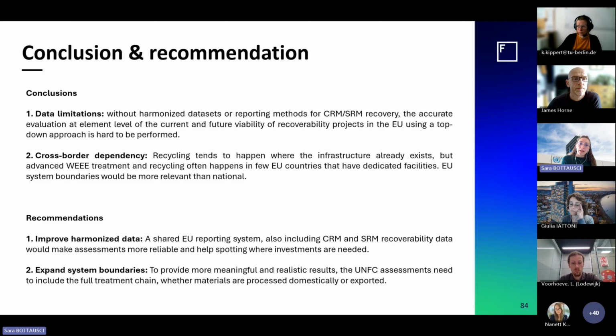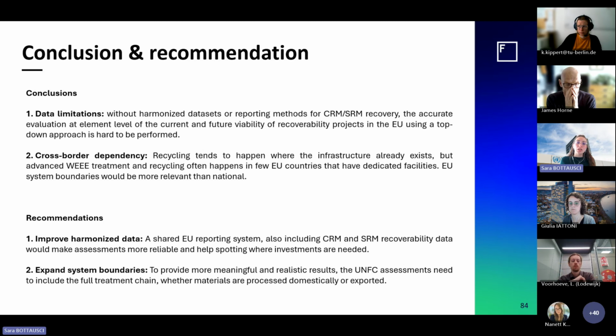Secondly, the other aspect that was interesting to notice was the cross-border dependency in the countries in Europe, in the sense that, also mapping the destination of the output fractions, it was quite clear to see that a specific output fraction generated in a country is likely to be treated and recycled in another country, but still remain in Europe.